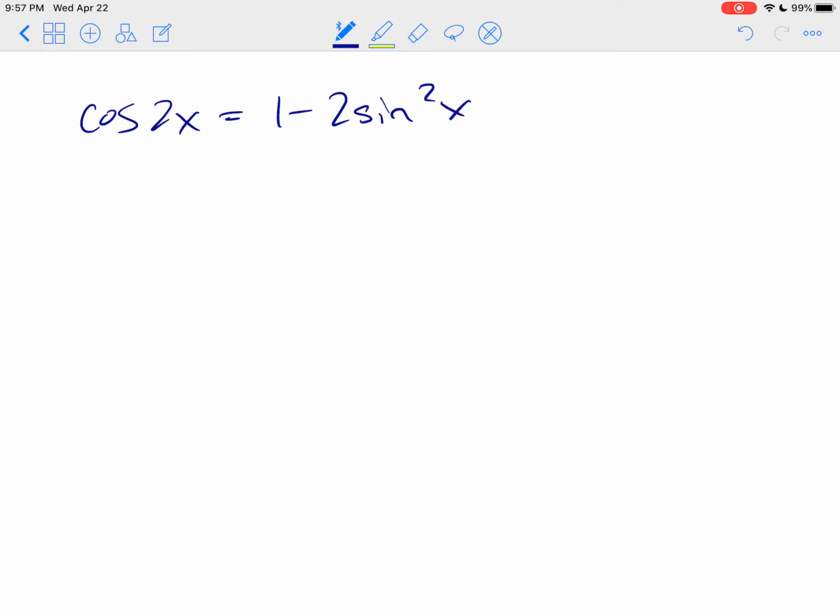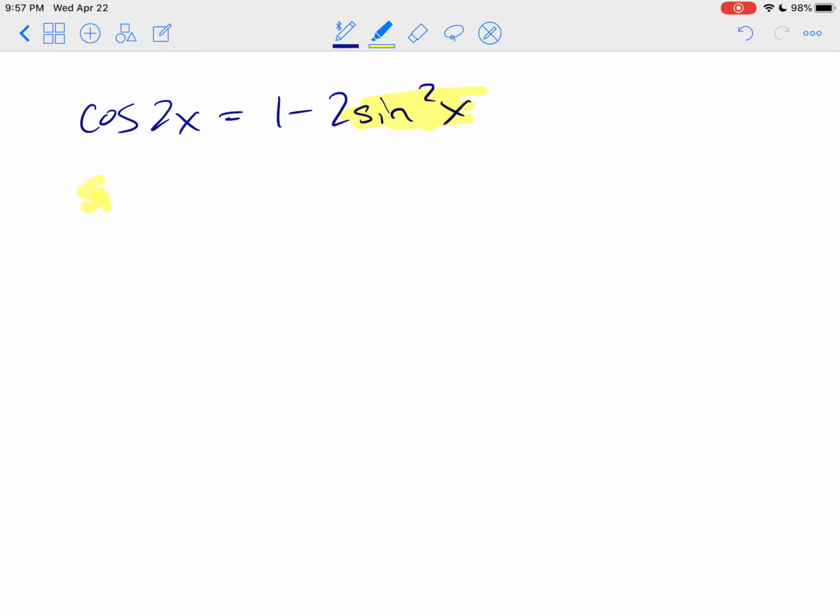So we're just using this double angle formula for cosine, and I'm just going to solve this for sine squared. So I'm solving for this expression right here. And when I do that, I'm going to add 2 sine squared and subtract cosine of 2x.